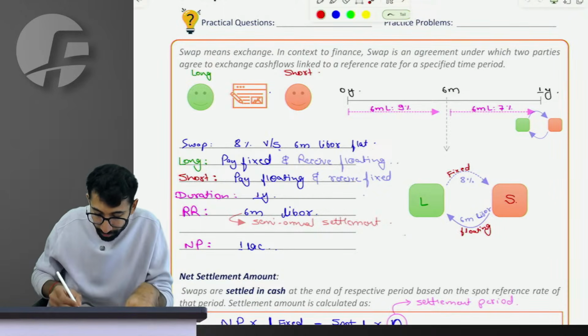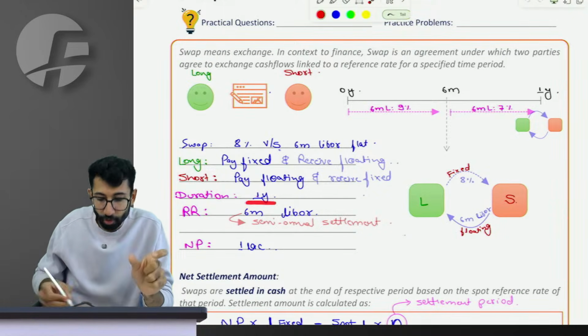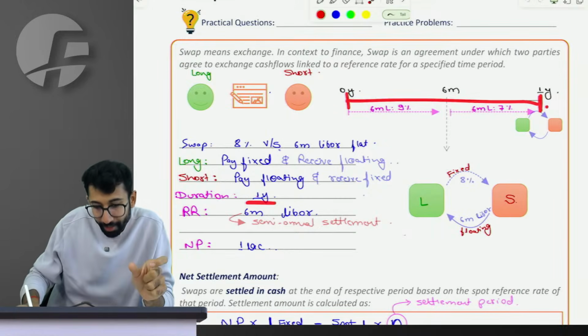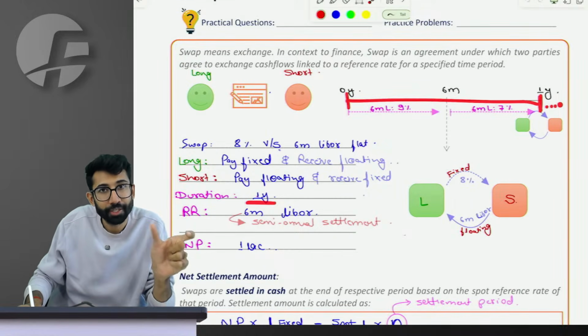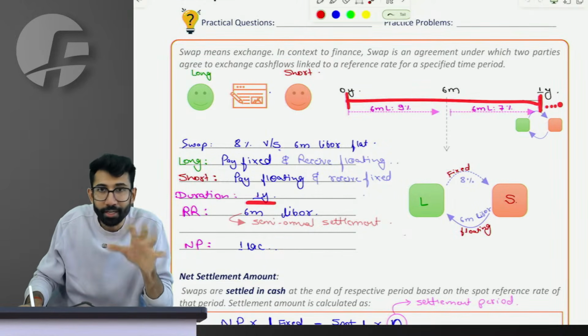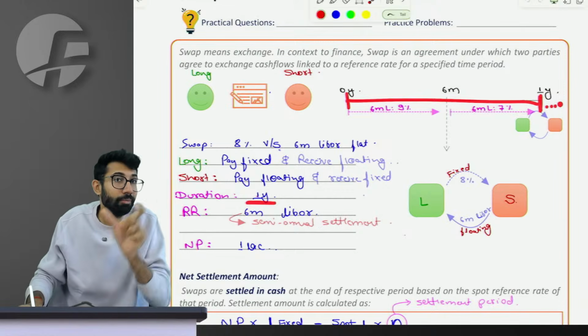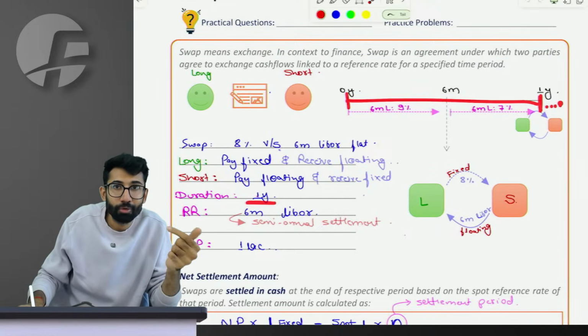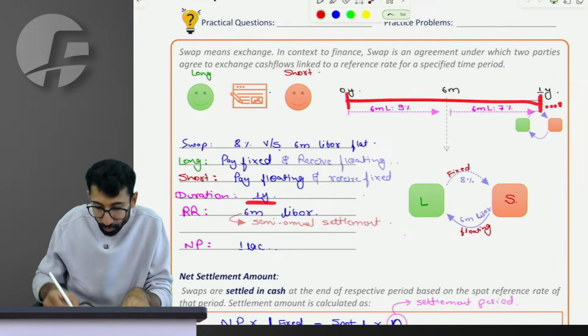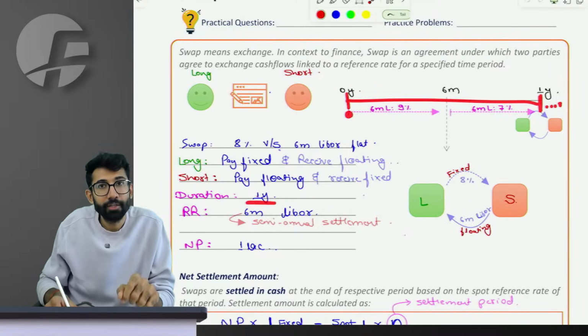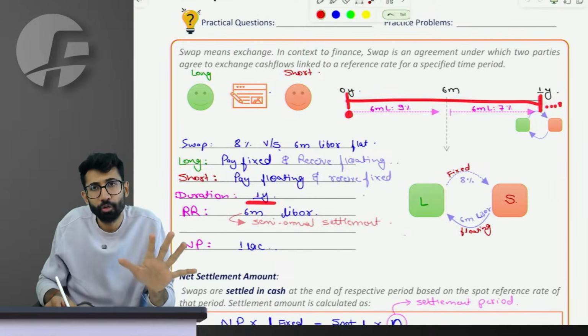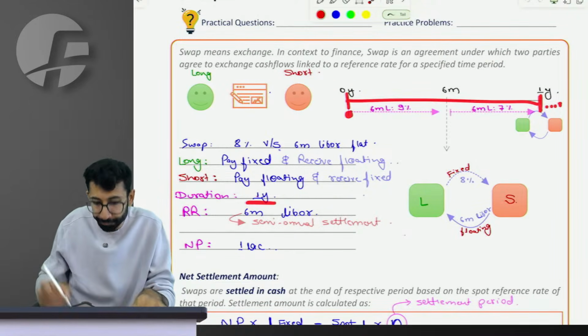Now suppose the contract is entered for a period of 1 year. Do you agree that in a period of 1 year, there will be 2 6-month LIBORs that get decided? At point 0, when we entered into the contract, suppose we did not know the 6-month LIBOR.